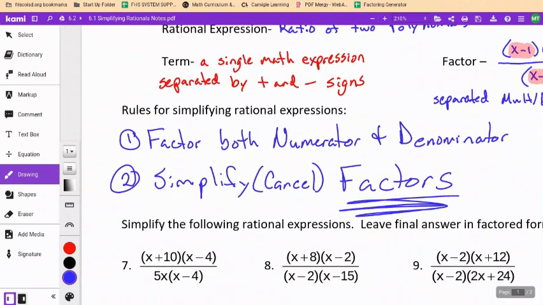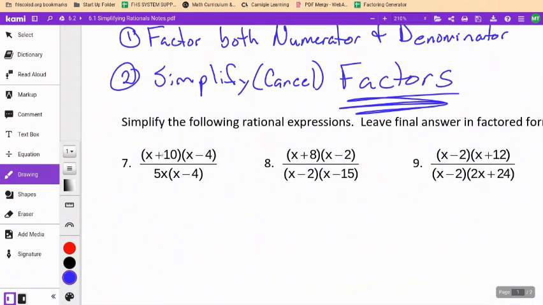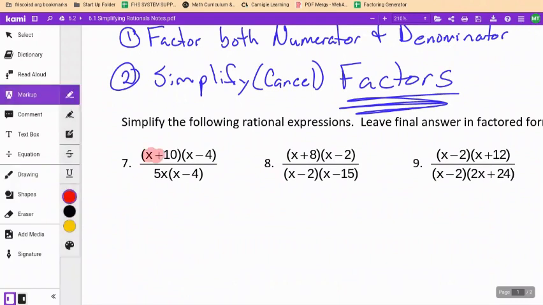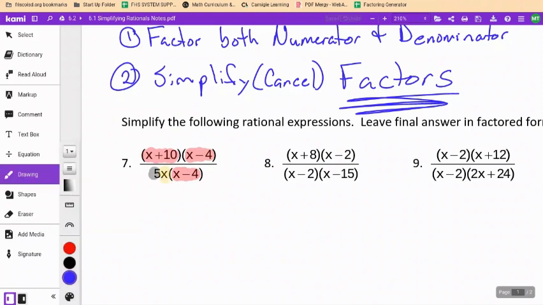Okay, so let's look at this. In number 7, we have 1, 2, 3, 4, 5 factors. Let me do that in a different color right here. 5 different factors. Everything is already factored. Everything is being multiplied or divided, right? x plus 10 times x minus 4 divided by 5 times x minus 4.